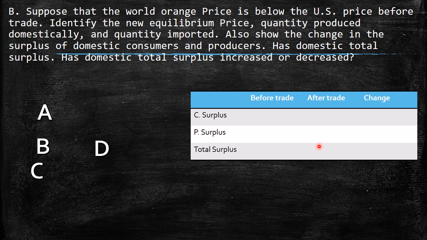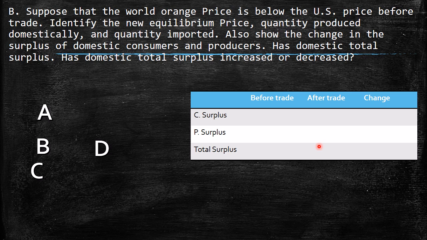What's going to happen at this point? Consumers will naturally be better off because they have to pay less. On the other side, producers are going to be worse off.